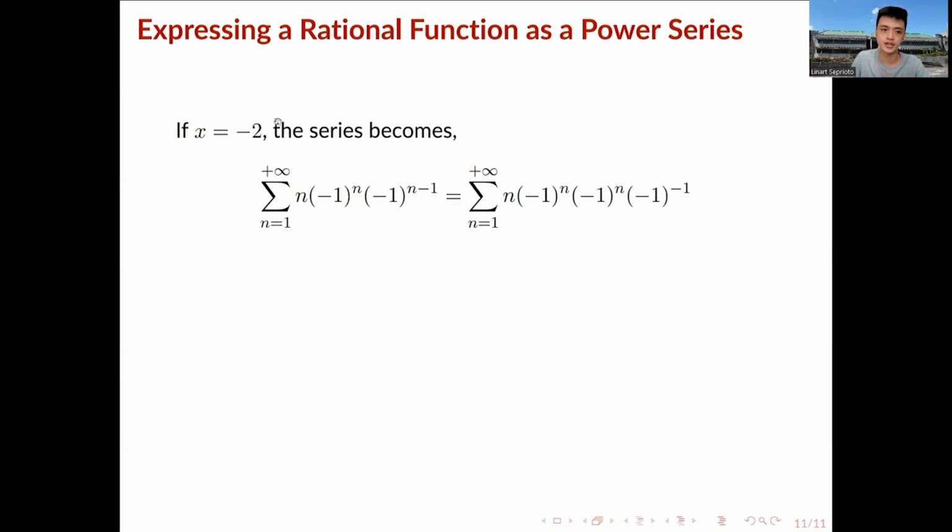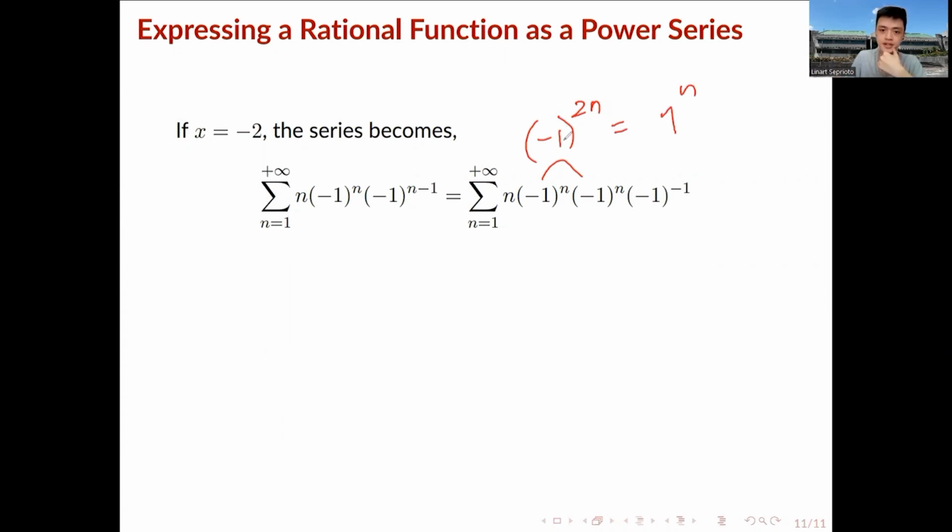Now, kung x is equal to negative 2 naman, again, x plus 1, so negative 1 na lang to. And then, we'll just write it as follows, no? Copy ito, and then negative 1 to the n, tapos negative 1 to the negative 1. So, yung mangyayari dito, if you combine them together, it will be negative 1 raised to 2n. Pero, negative 1 raised to 2n, this is just equal to 1 raised to n, no?